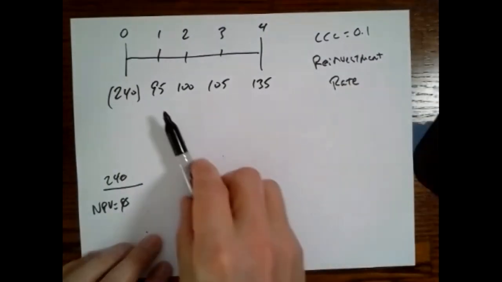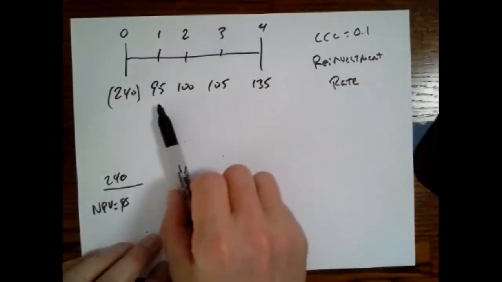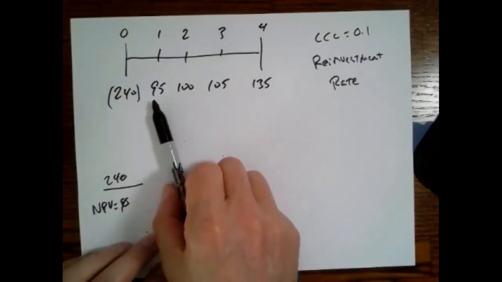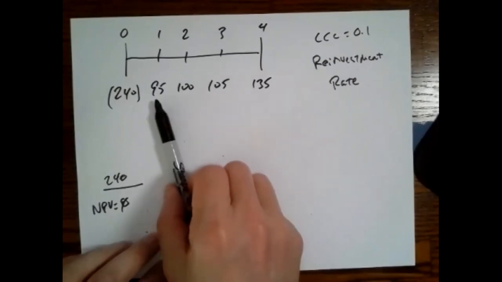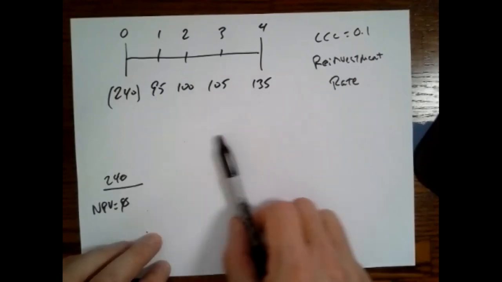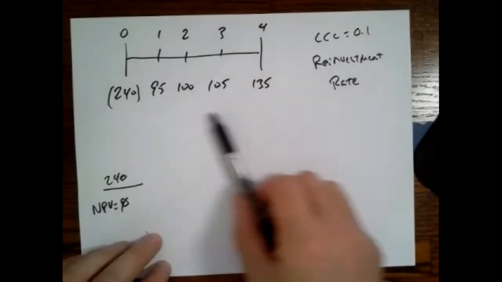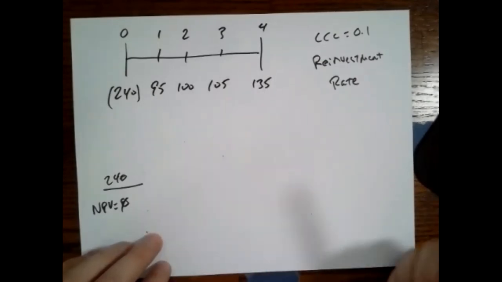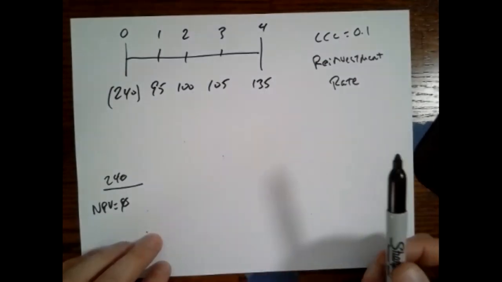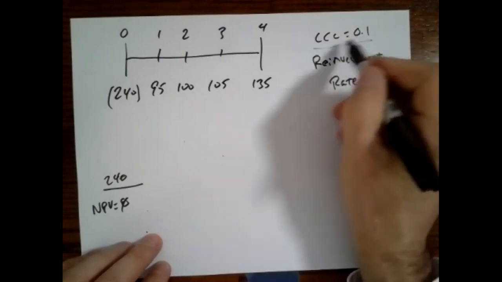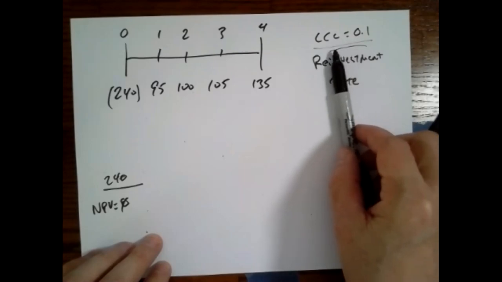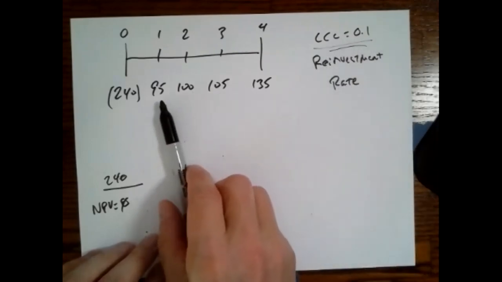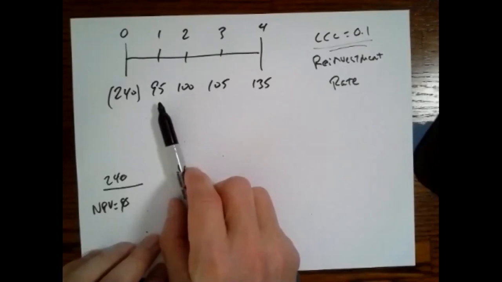Instead of assuming that we're going to be able to do an identical project, so when we get this 95,000, what the IRR implies is we'll be able to take that 95,000 and push it into a project that's identical to this project. That's not a realistic expectation, but instead we ought to be thinking about a rate that is probably more like our corporate cost of capital. We want to come up with a more realistic reinvestment rate.